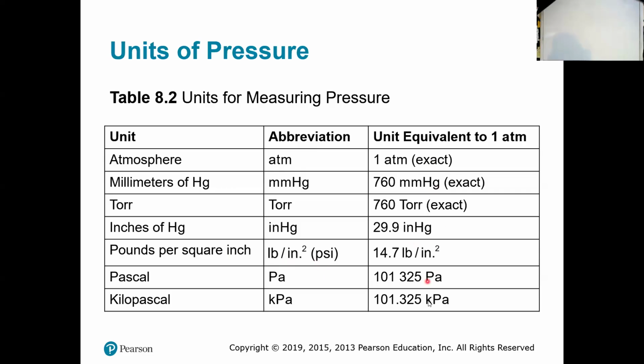The numbers here tell you exactly how many of each of these units of pressure are equal to 1 atmosphere. The reason we equate everything to 1 atmosphere is because atmosphere is the pressure unit we're going to need once we start working with our gas laws, specifically the ideal gas law.